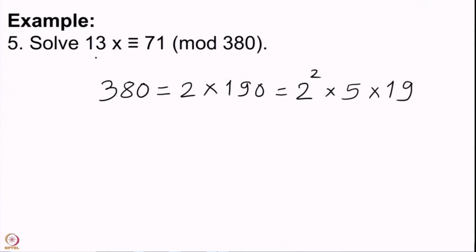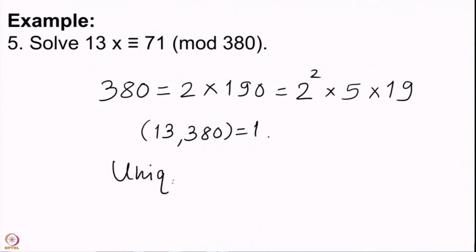So, 13 and 380 are co-prime. So, we should have a unique solution modulo 380. But to compute this unique solution we need to invert 13 modulo 380, which is a very difficult problem.